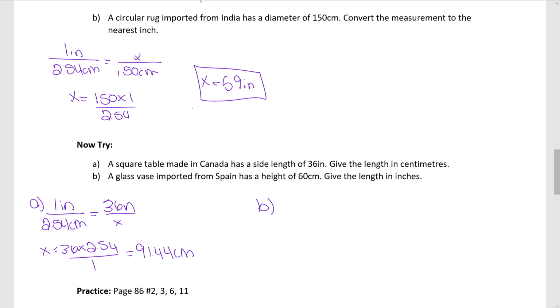So B, it's the same idea, 1 inch over 2.54 centimeters. But this time it has to line up the 60 with the 2.54 centimeters. So we end up with 60 times 1 divided by 2.54.